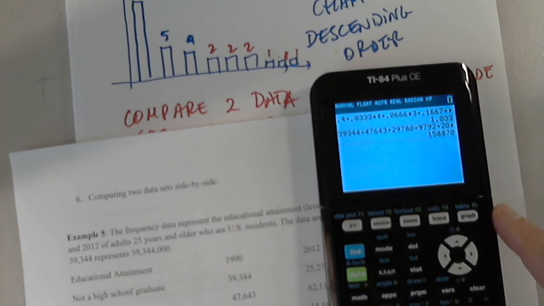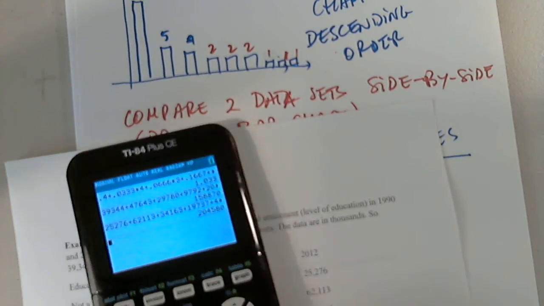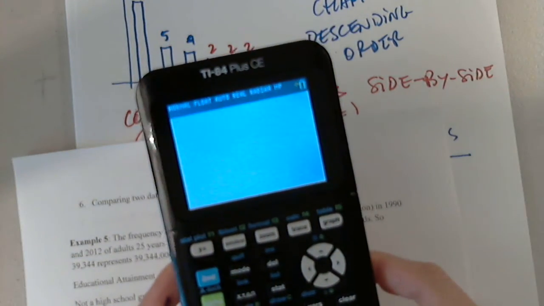I did get 158870. That's okay. I'm checking the other one: 25276 plus 62113 plus 34163 plus 19737 plus 40561 and 22730. Yes, perfect. So back to our list.